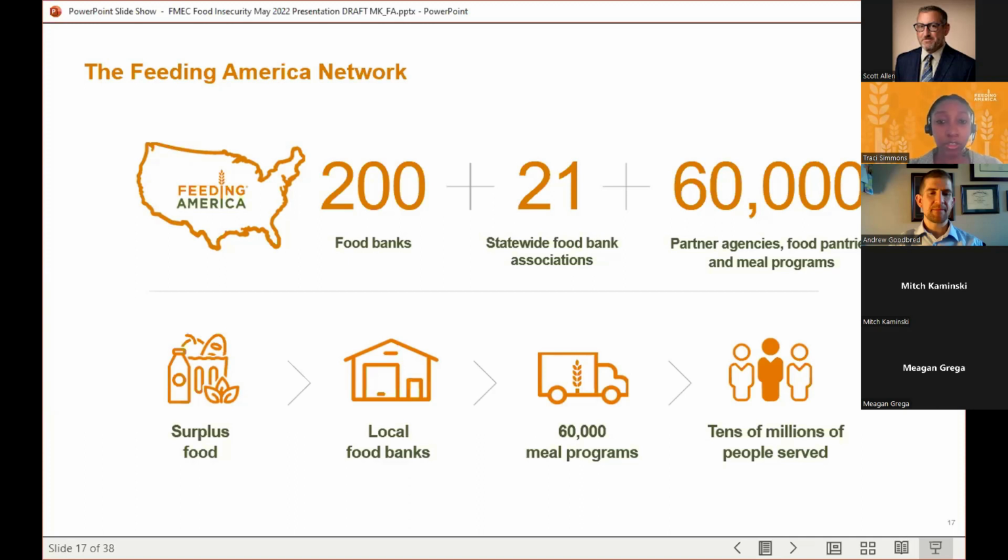And that also includes about 60,000 partner agencies, which are your traditional food pantries, meal programs, emergency shelters, schools, and other organizations. So we are really trying to move from a space of being able to rescue surplus food and also procure food in a way that is supportive of community development in order to meet the needs of folks who are struggling with food insecurity.